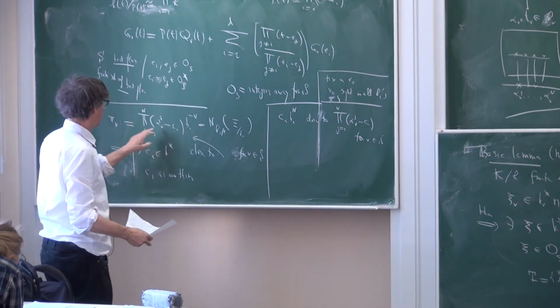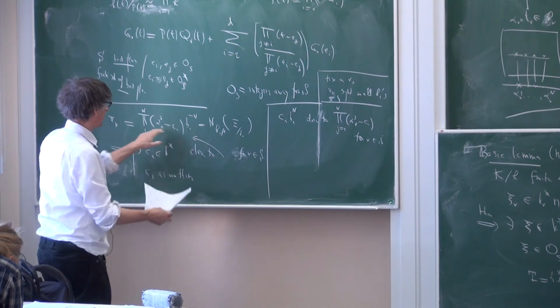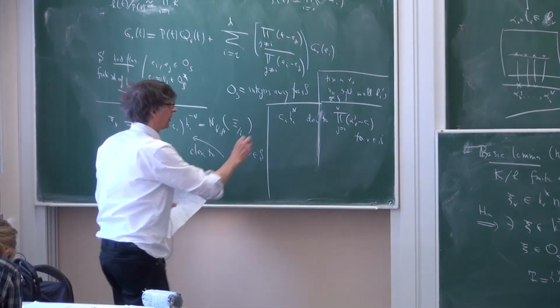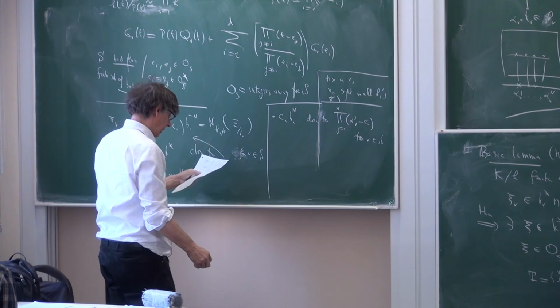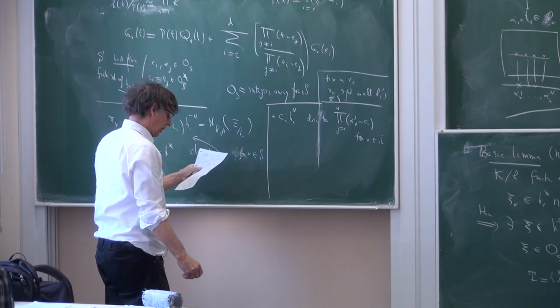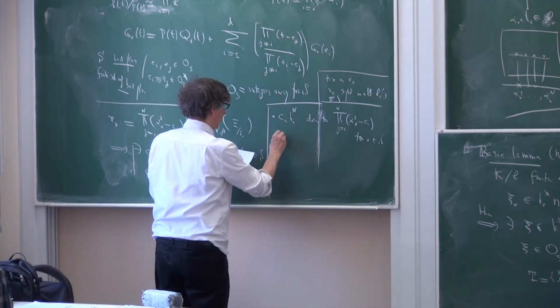Ci is close to this thing here, so Ci bi to the n is close to that one. So we have this for V in S.